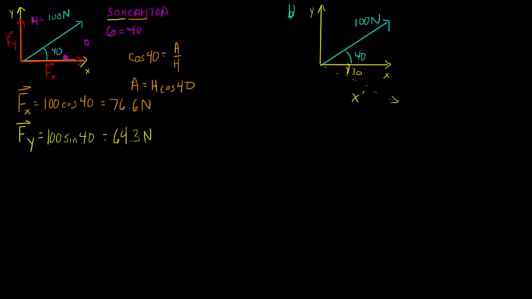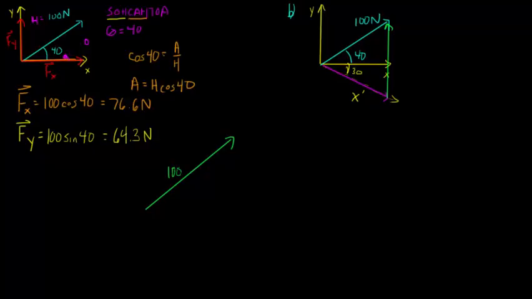So the first thing I want to do is look at what I'm looking for. I'm going to look for a vector that's along this axis. And I know the vector right here goes completely straight up because it's along the y-axis. So I'm going to have a triangle that looks like this. Now if I redraw this triangle, this is 100 newtons.